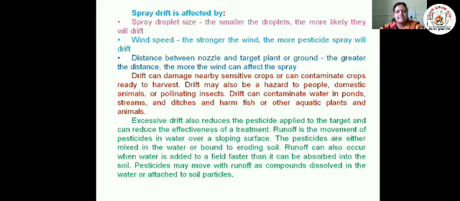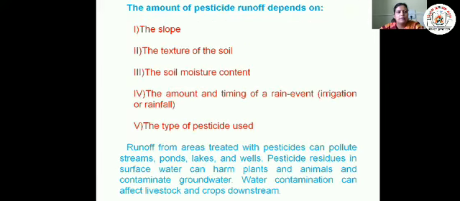The pesticides are either mixed in water or bound to eroding soils. Runoff can also occur when water is added to the field faster than it can be absorbed into the soil. The pesticides may move with runoff as compounds dissolved in the water or attached to soil particles.